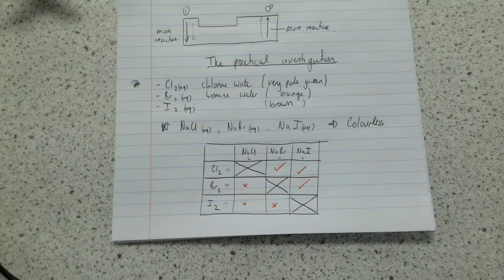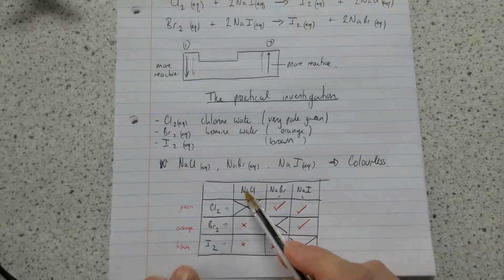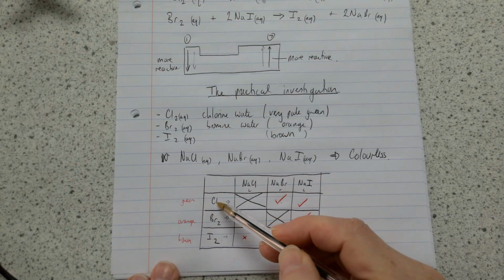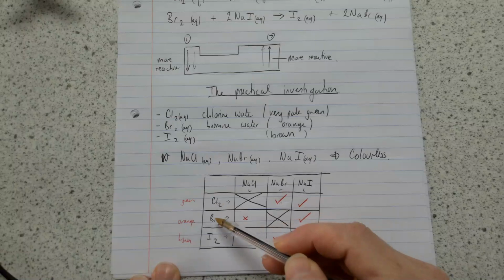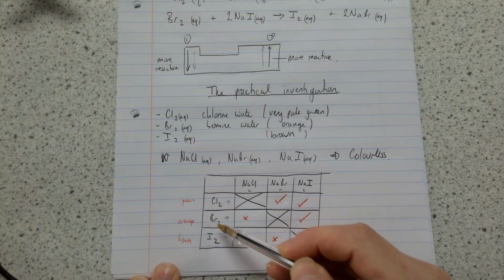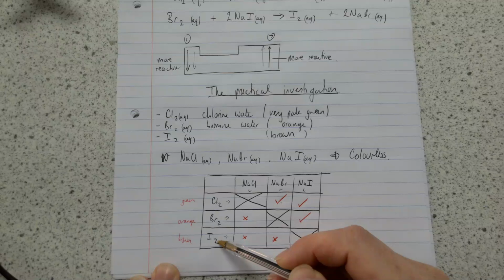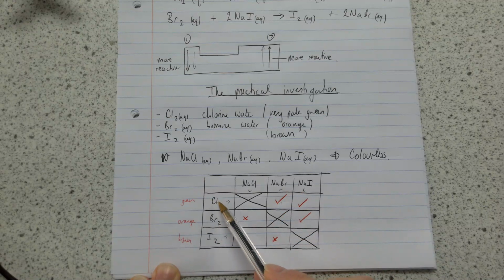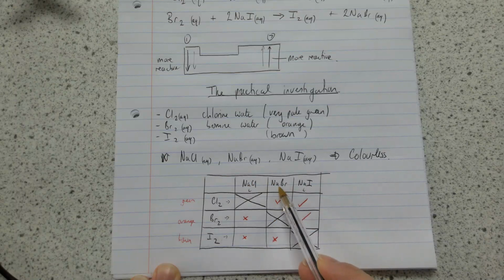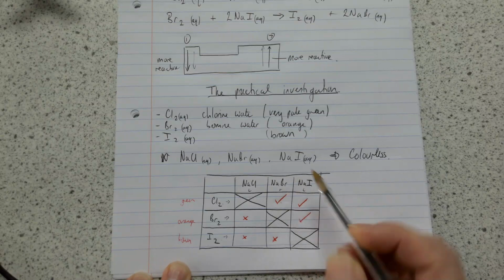What I'm going to do is pause a sec, let everyone get up with me, and then we'll talk about it together. So all of the top ones are colourless. Chlorine solution is pale green, bromine water's orange, iodine in solution is brown. So we've got a pale green solution, almost looks like water, and all of these are colourless, almost look like water. But from chlorine and sodium bromide, we produce bromine, and we know that bromine is orange.